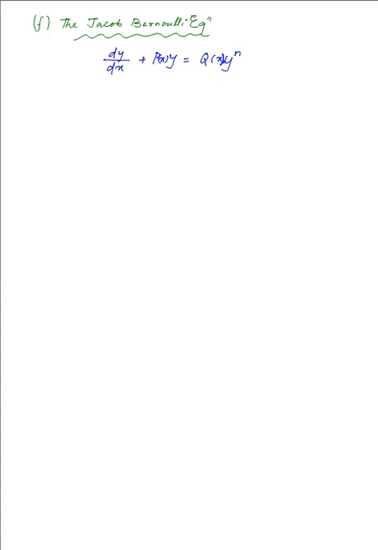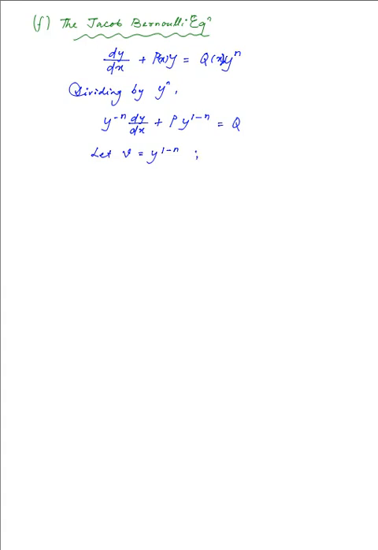So if we divide both the sides by y to the power n, what do we end up with? We get y to the power minus n dy by dx plus p y to the power 1 minus n, and on the right hand side we are left with q. Now we substitute v. Let v be equal to y to the power 1 minus n.